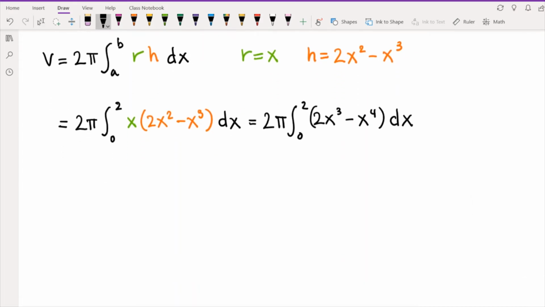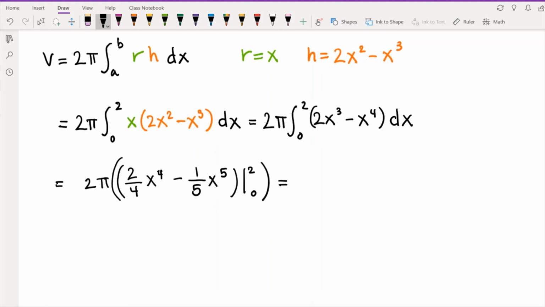And now we're going to find our antiderivative. So the antiderivative of 2x cubed would be 2 over 4 x to the 4th. And then we have minus 1/5 x to the 5th. And then we're evaluating this at 2 and at 0.